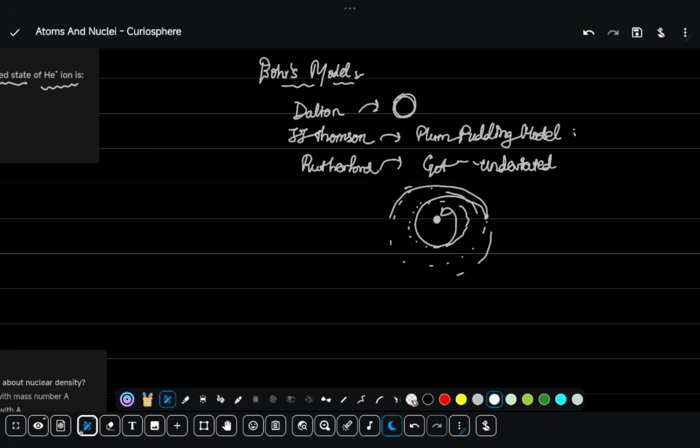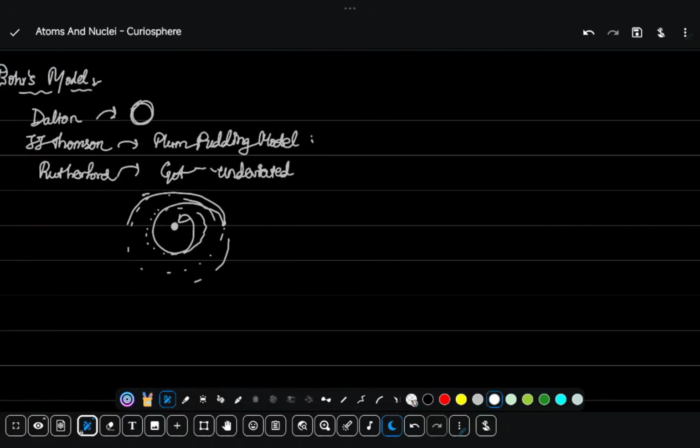But who explained it correctly was Bohr. What Bohr did differently is that he introduced the quantum element to the structure of atom.